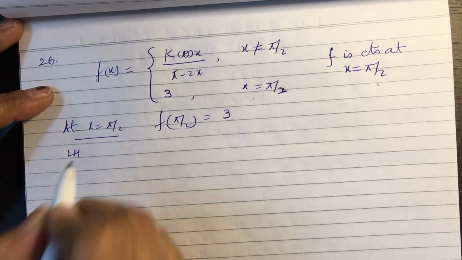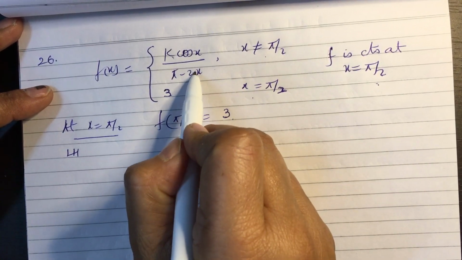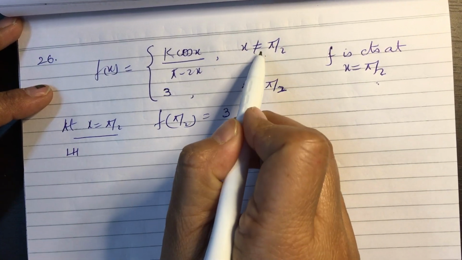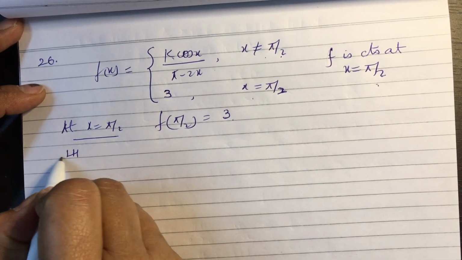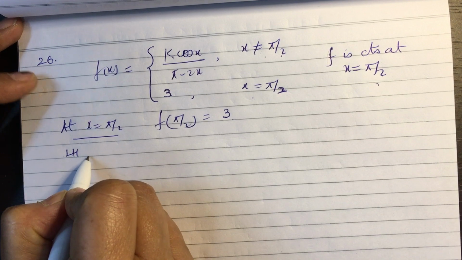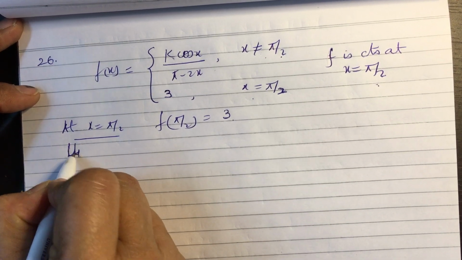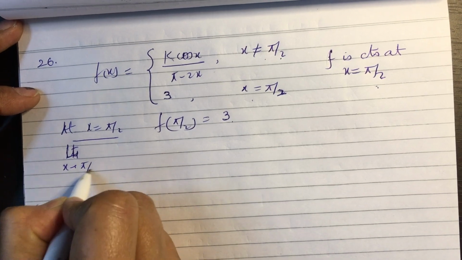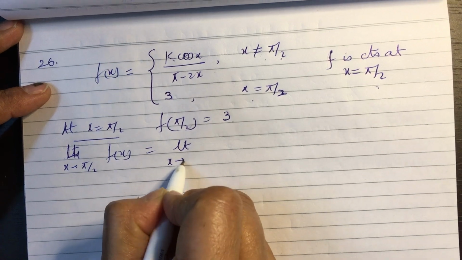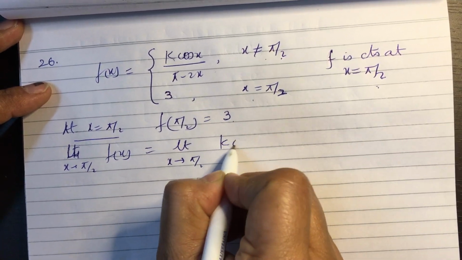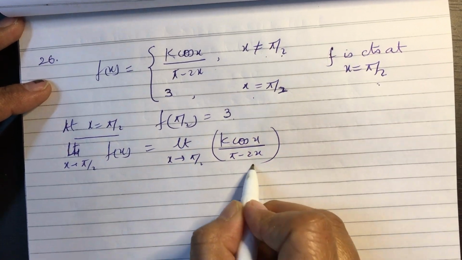Since there is a single definition of the function for all points not equal to pi by 2, we don't consider the left hand limit and the right hand limit separately. So simply we check limit x tending to pi by 2 of f(x) is equal to limit x tending to pi by 2 of k cos x over pi minus 2x.